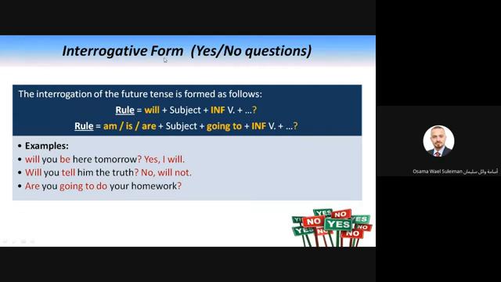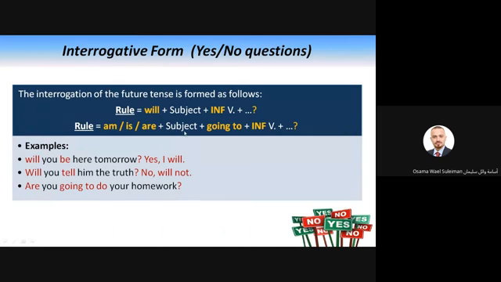So the interrogative form with yes/no questions. The interrogation of the future tense is formed by moving the auxiliary verb, or changing the position of the auxiliary verb, before the subject. راح نوضع الفعل المساعد قبل الفاعل وتبقى بقية الجملة كما هي. نضع علامة استفهام بالنهاية and end with a question mark. am is are أيضا نفس الشيء نجيبهم قبل الفاعل.